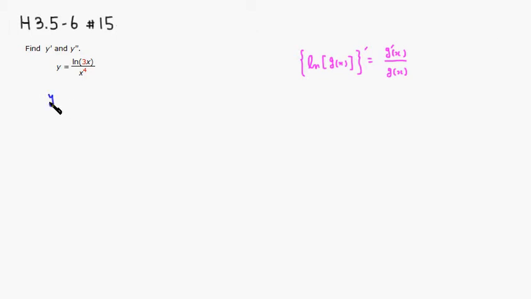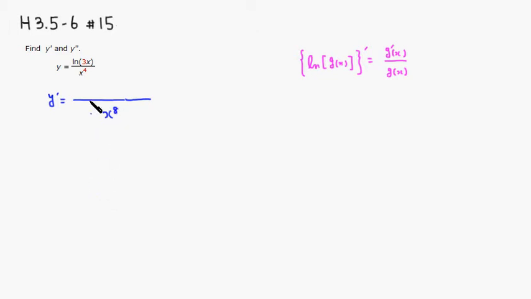So y prime is going to be, we have a structure of a quotient, so we have to use the quotient rule. The first thing we do is square the bottom, so it's going to be x to the 8th power.